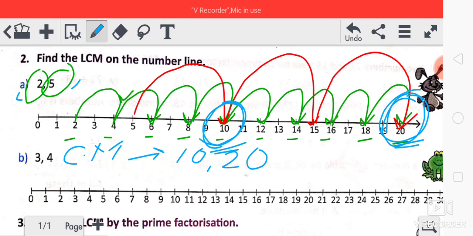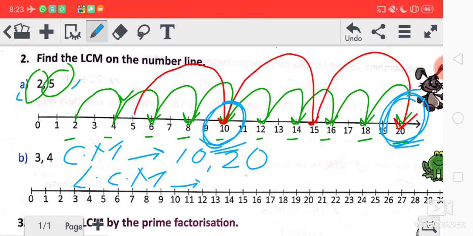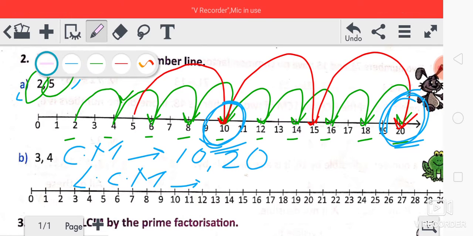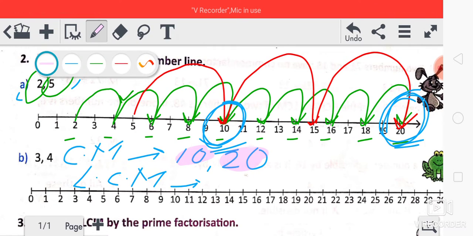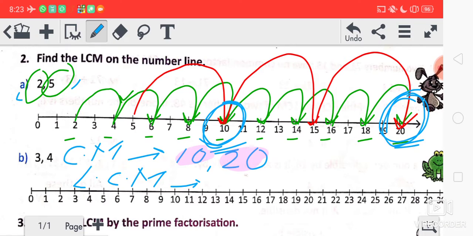Okay, now the least common multiple, lowest common multiple. L for lowest, C for common, M for multiple. So among 10 and 20, which one is the lowest? 10 is the lowest, so we'll write 10 as the LCM. Okay, 10 as the lowest common multiple.